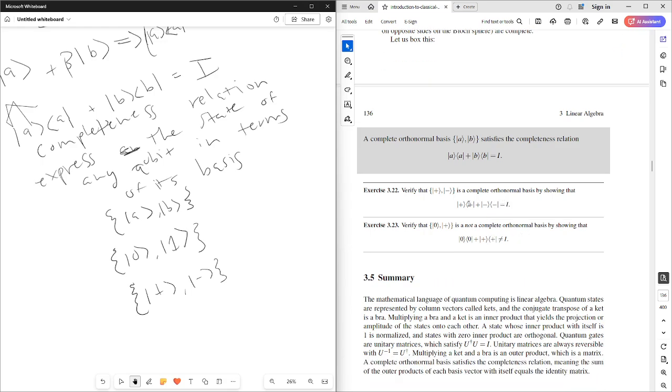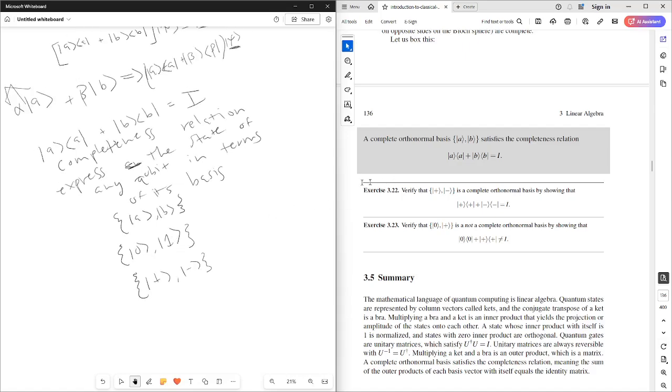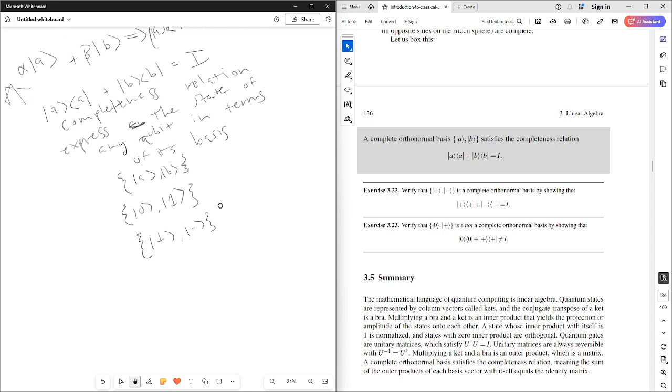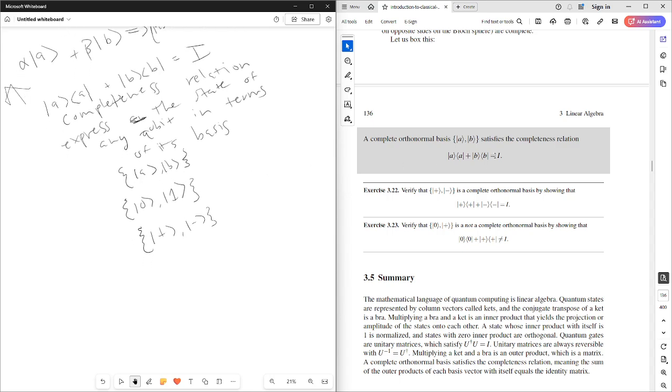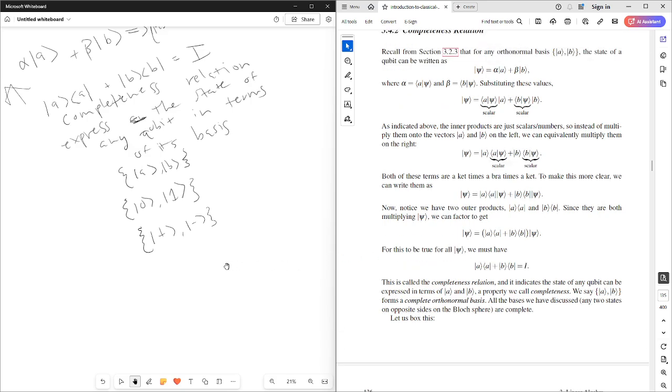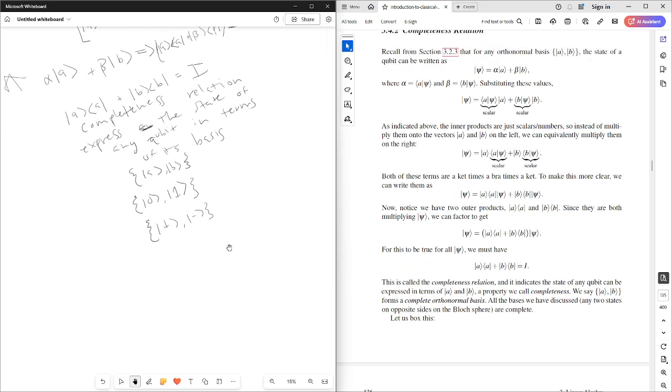So we can take a look at, so all of these bases here are complete. That is, we can express the qubit state using these bases instead of arbitrary amplitudes, right? Or not arbitrary, but instead of having some psi with alpha and beta, etc., we can use these outer products.